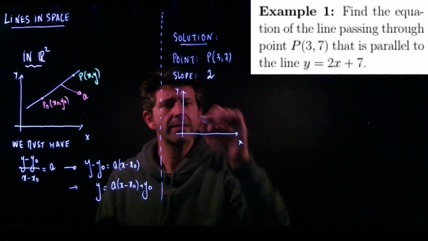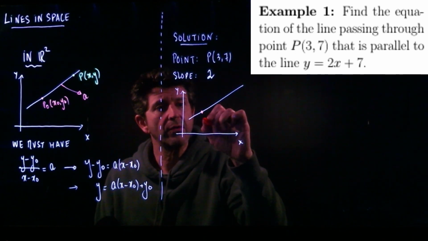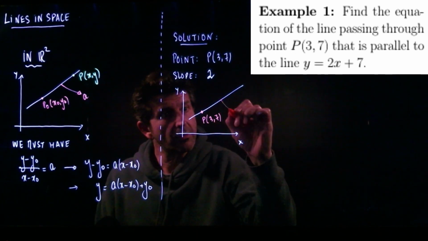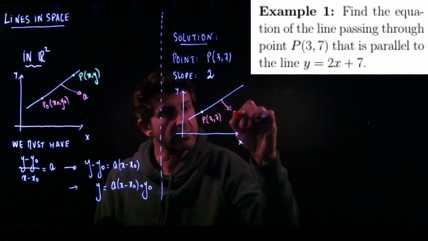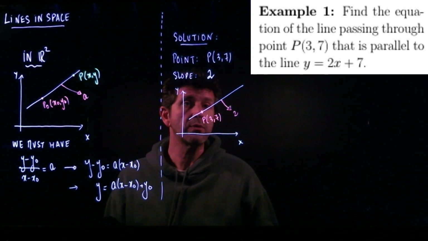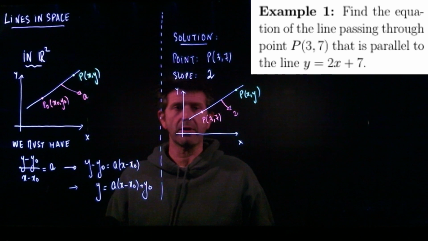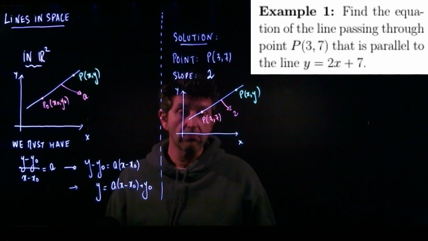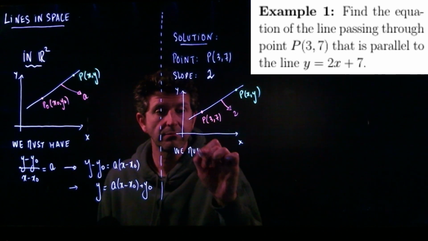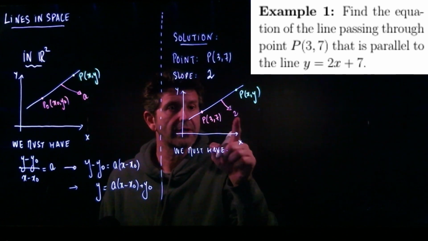So again, just like we did here, I have my line, my point P(3, 7), my slope is 2, and I'm taking a random point P(x, y) on the line. Same logic, we must have delta y over delta x equal to 2.